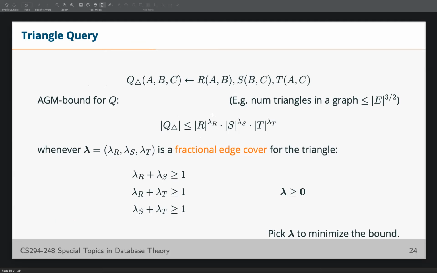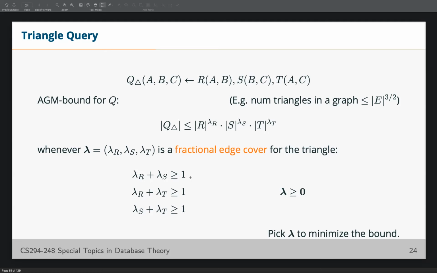Probably you have done this with lambdas all equal to 1/2, but it's basically the same bound. The lambdas have to satisfy the following inequalities: pairwise, they have to be at least 1. So that's another way to state the AGM bound for the triangle query.